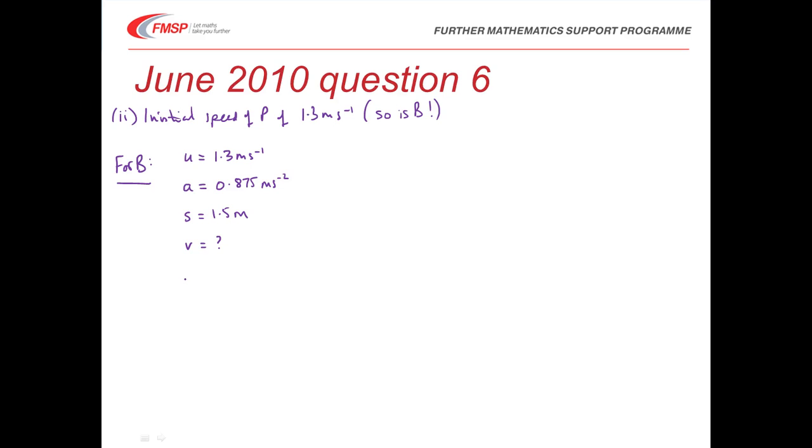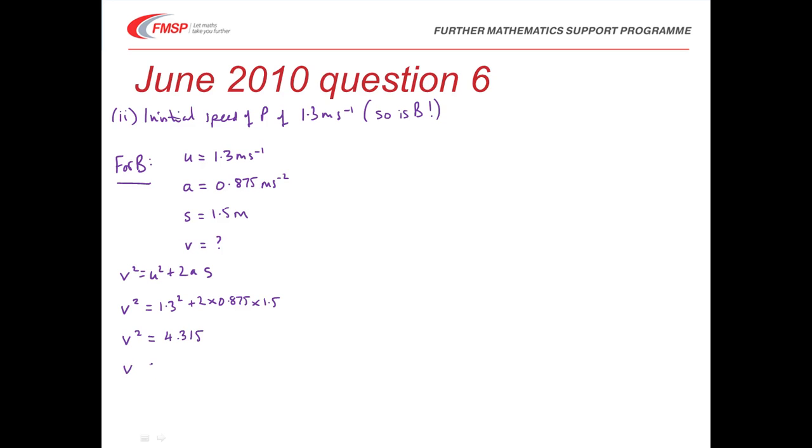Okay, well, I've got V, U, A and S, so my best choice of formula will be V squared equals U squared plus 2AS, which gives me V, which I'm trying to find, squared equals 1.3 squared plus 2 lots of A, 0.875, times S, which is 1.5. Well, the easiest thing to do is pop all of that in the calculator, and it comes out exactly that V squared equals 4.315.